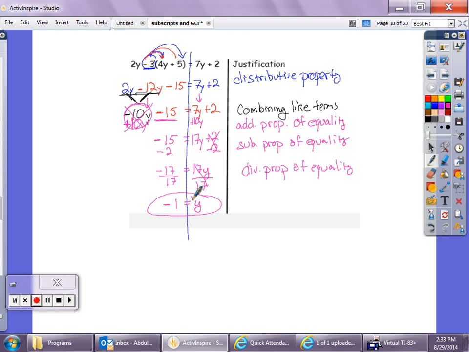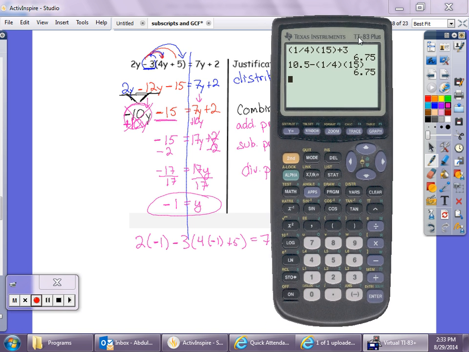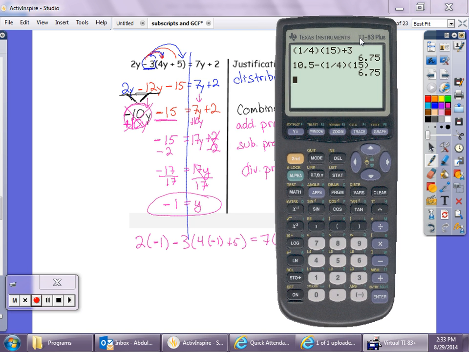Now these ones are good to check because you can easily make a mistake anywhere. So it's 2 times negative 1 minus 3 times 4 times negative 1 plus 5 equals 7 times negative 1 plus 2. I'm just going to put the whole thing in my calculator to make it a lot easier on myself.